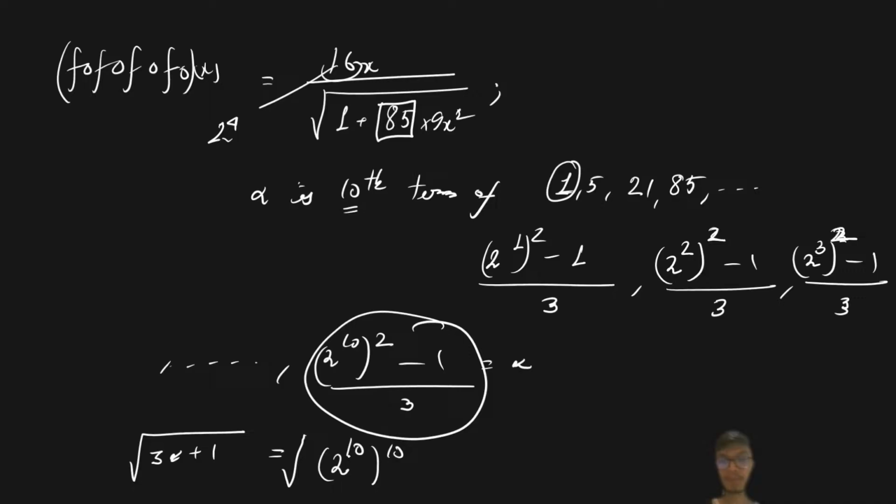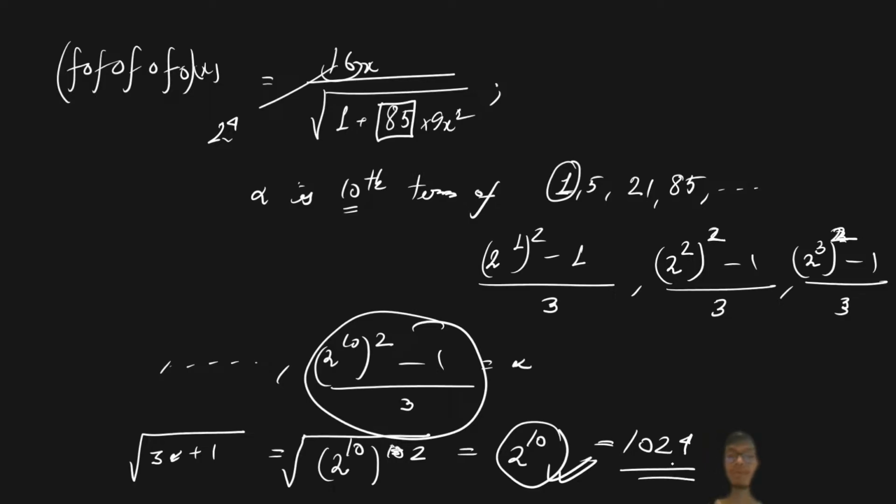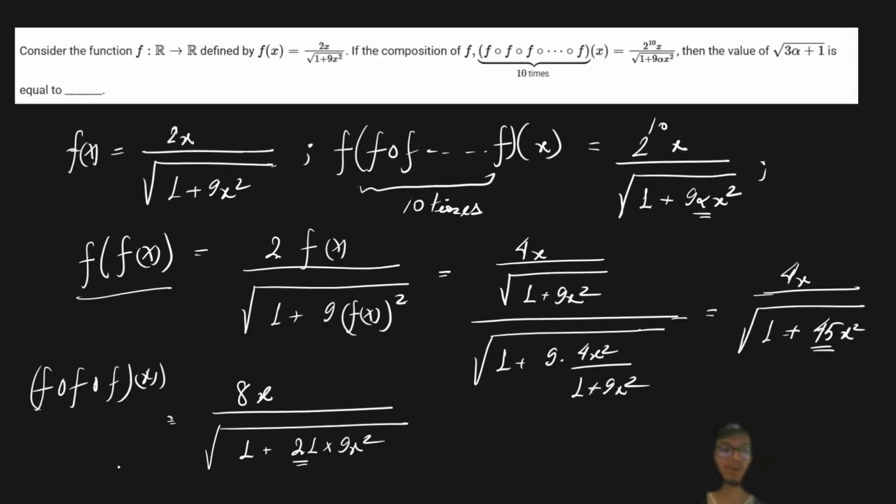So this is going to be 2 to the power 10 whole square and then square root of it, which is going to be simply equal to 2 to the power 10, and the value is equal to 1024. Therefore the simple value to this question is going to be equal to 1024. Okay, 1024 is going to be the correct answer.